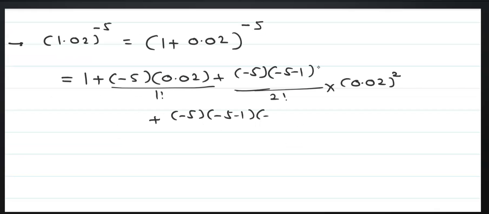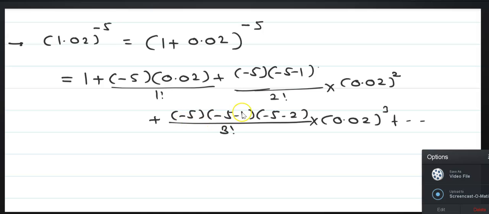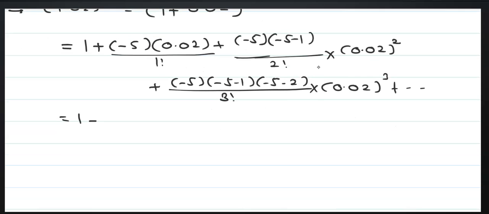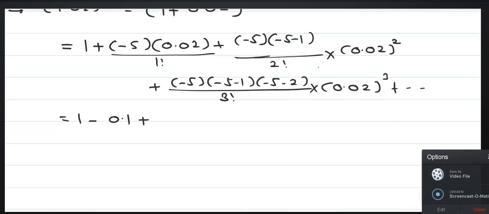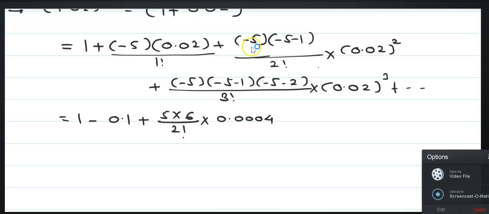Next is minus 5 into minus 5 minus 1 into minus 5 minus 2 upon 3 factorial into 0.02 bracket raised to 3. One minus 0.1 is the first multiplication, and now the next multiplication.